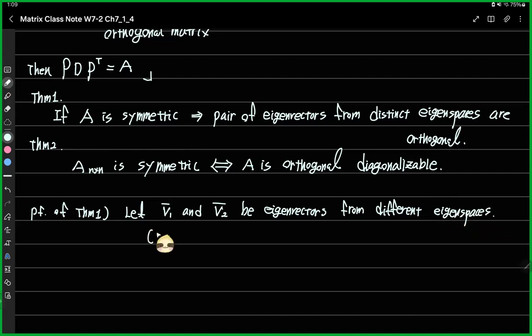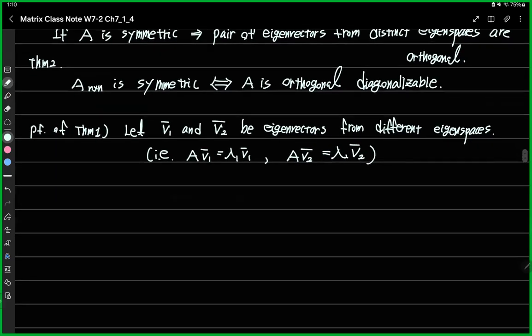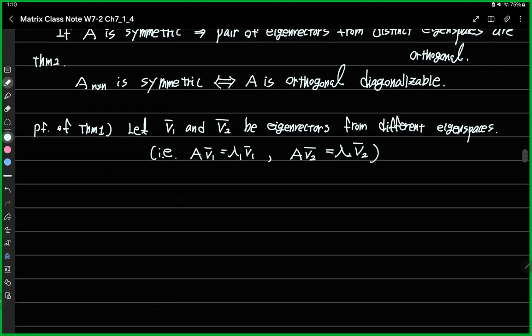Which means that A V1 is equal to lambda 1 V1, right? And A V2 is equal to lambda 2 V2, right? So we start from lambda 1 times V1 dot V2.